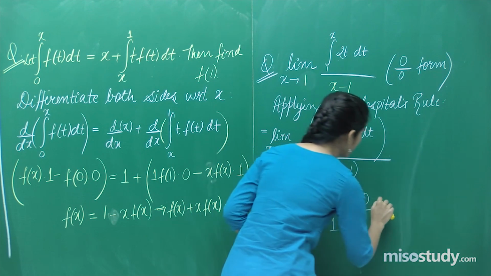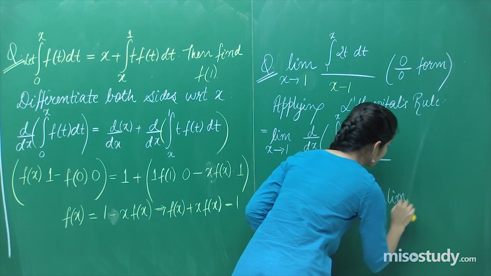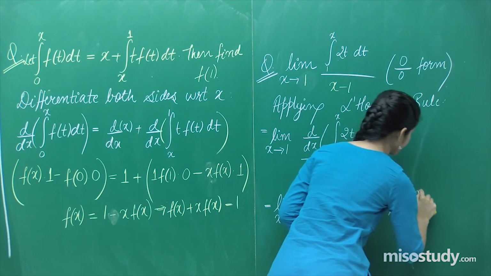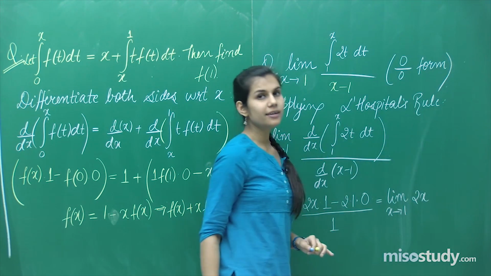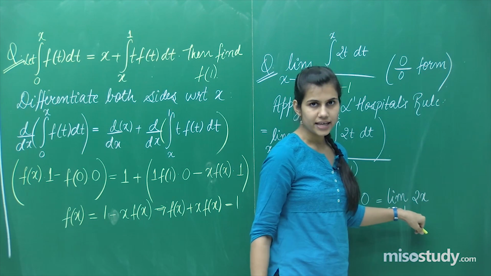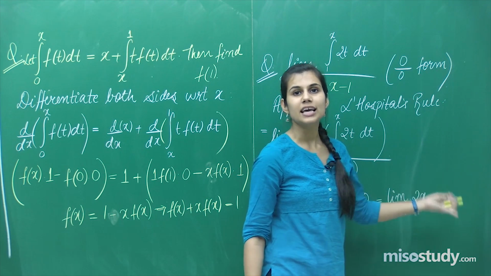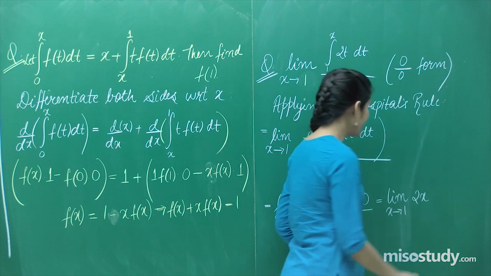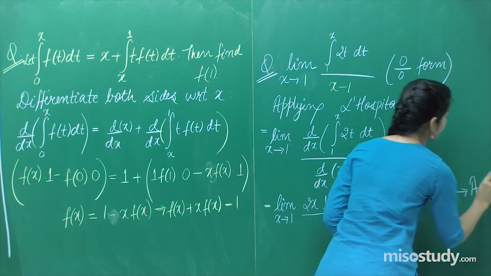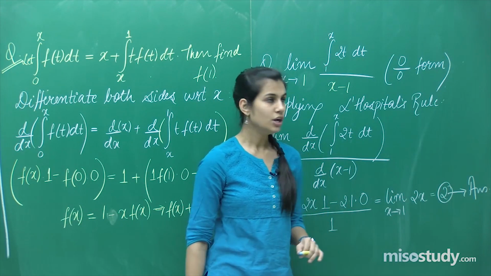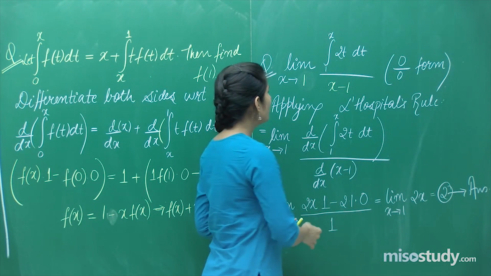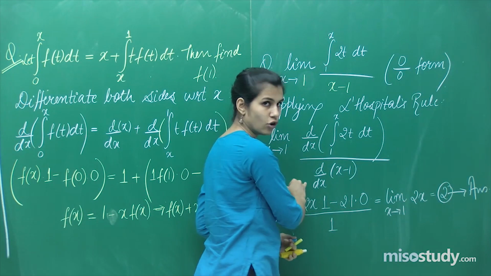Over here what you have obtained is limit x approaches 1 of 2x. Clearly this is a continuous function, and limit x tends to a of f(x), where f is continuous at a, is f(a). So 2 into 1 is your limit.